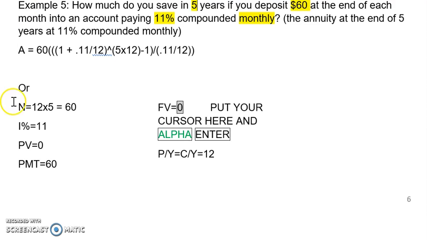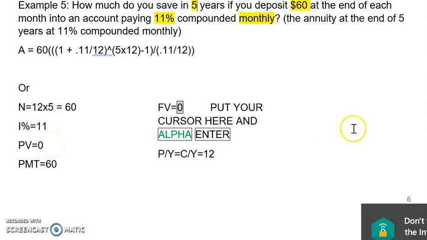You can see that in my N, I filled out monthly compoundments for 5 years, or 12 times 5, which is 60. And this factor of monthly compoundments also goes into the PYCY. I made it in two columns so it would view on this page and screen, so don't be confused by that. The 11% is my interest percent. I put it right in there. The present value, I do not know.